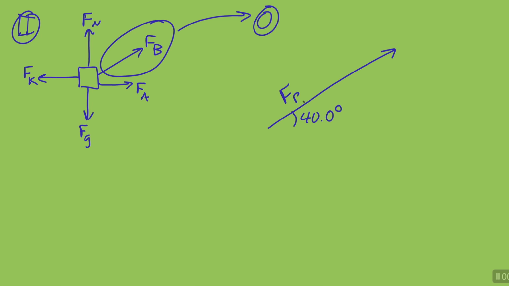We have force of Billy, and that is 175 newtons. I need to know how much of that force is going to the right and how much is going up. How much is going to the right is F sub bx. How much is going up is F sub by.